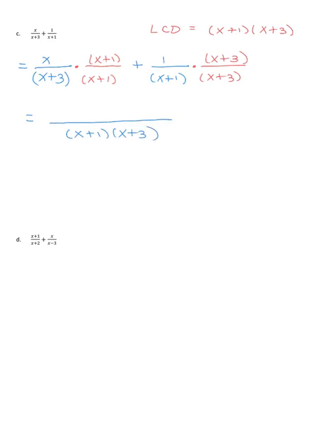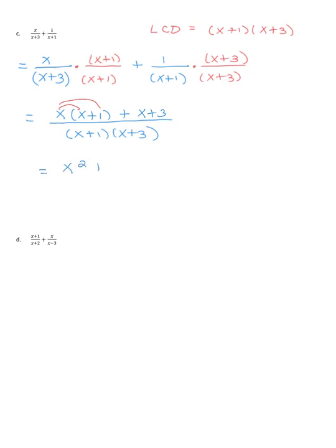But for the numerators, I'm going to have x times x plus 1, so I'll be careful to write that with parentheses. Then it's going to be plus 1 times x plus 3, this times that. It simply means I can put x plus 3 here with no parentheses. We are practically done. We'll just distribute the x.